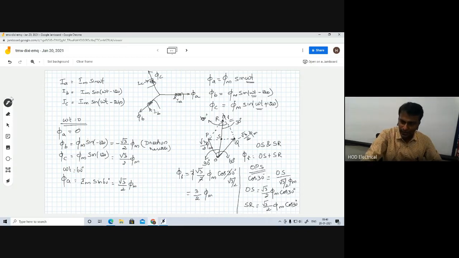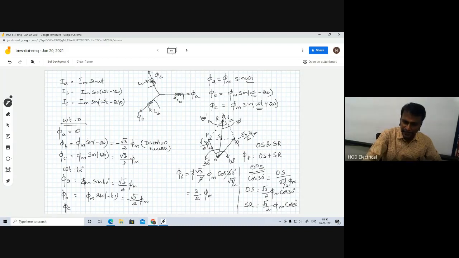Then phi b is nothing but phi m sine of 60 minus 120, so that is phi m into sine of minus 60 degrees. So we will get the value of minus root 3 by 2 into phi m.